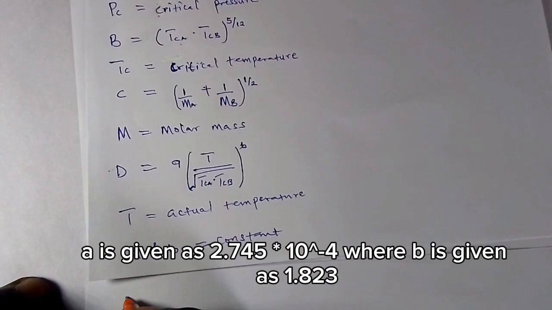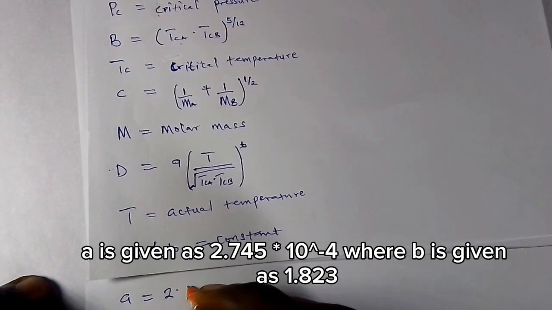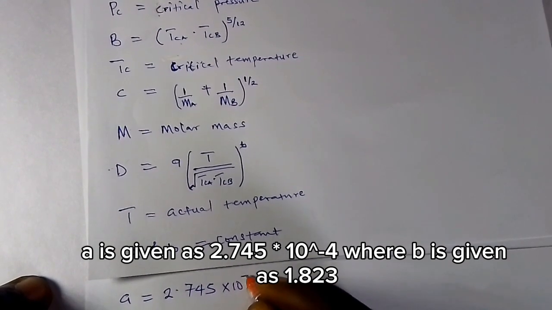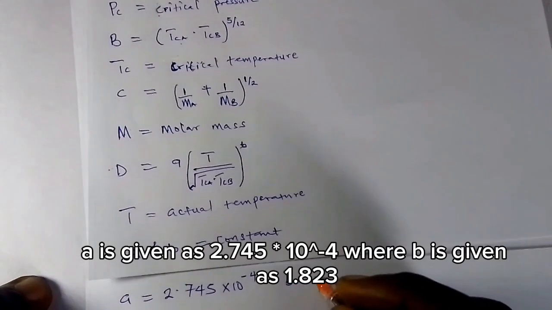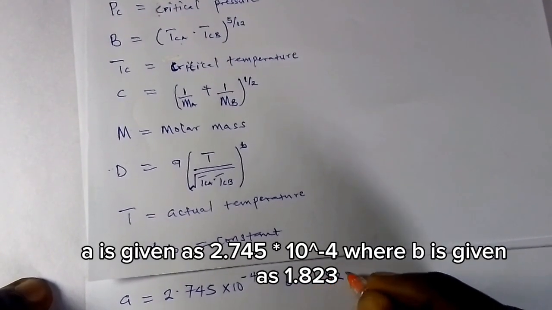A is given as 2.745 times 10 to the power of minus 4, while B is given as 1.823.